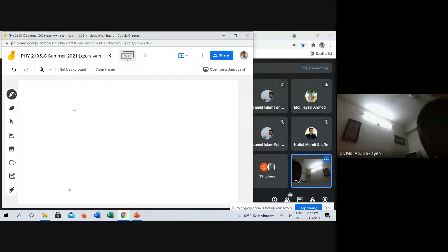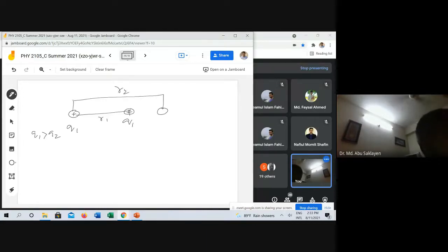Now if I change the arrangement, the first one is okay, Q1, and the distance between them is R1. This is also positive. Here Q1 is greater than Q2, but here you put another charge, Q3, at distance R2.